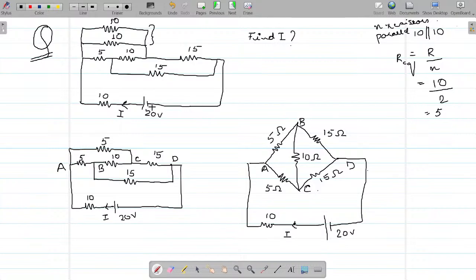Now, the structure which appeared to be like this, we assume that it is not solvable, or probably we will have to use star delta transformation. But now, do you realize how easy this question becomes by simply using the network redrawing technique?